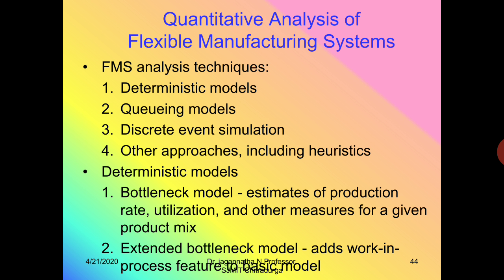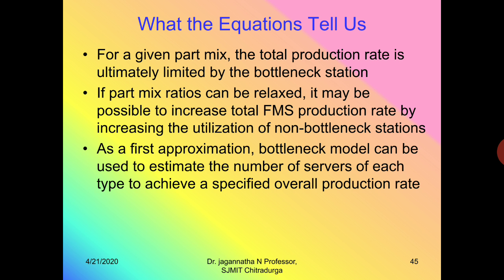The quantitative analysis of flexible manufacturing systems uses deterministic models, queueing models, discrete event simulation, and other approaches, and different models are also implemented along with these. The bottleneck model and extended bottleneck models are also used in flexible manufacturing systems.